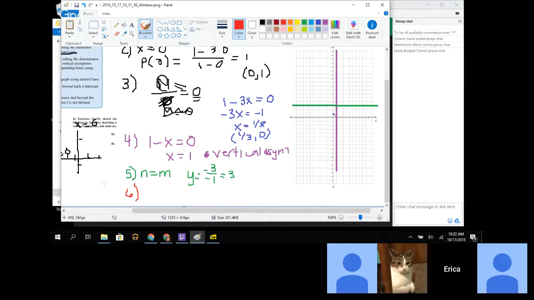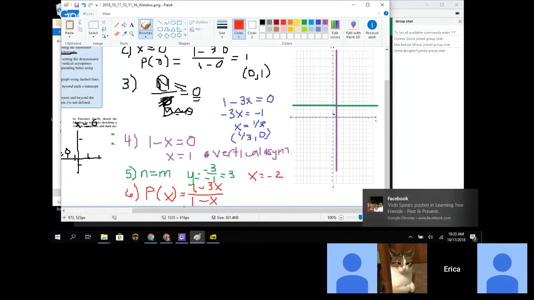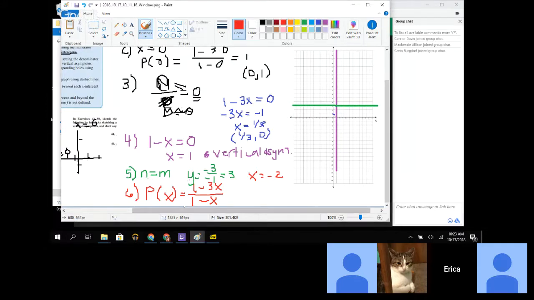All right, so your function is p of x equals 1 minus 3x over 1 minus x. Okay, so it looks like if I would pick like when x equals -2, okay, and I'm going to plug this in mentally so you guys double check my work. When x equals -2, I get 1 plus 6 over 1 plus 2.